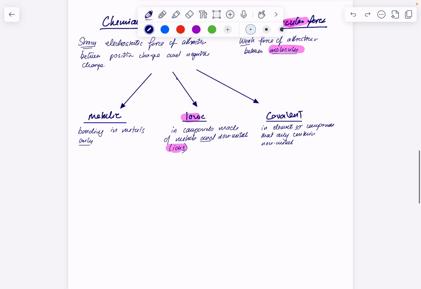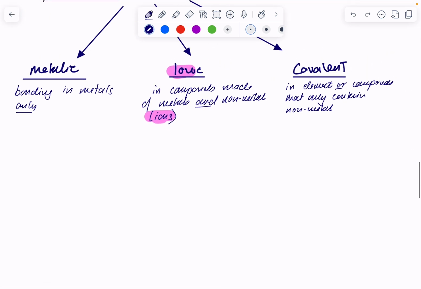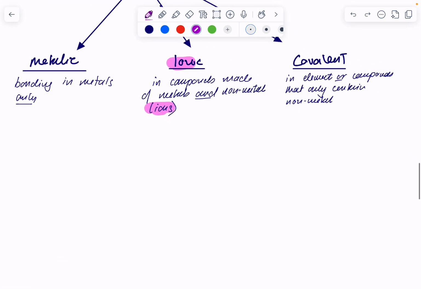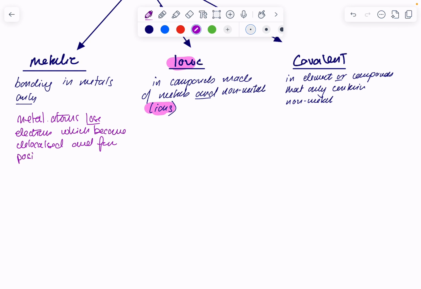How does metallic bonding happen? So, metal atoms, remember how metal atoms form ions? They have a small number of electrons in their outer shell, so they lose electrons which become delocalized and form positive ions.